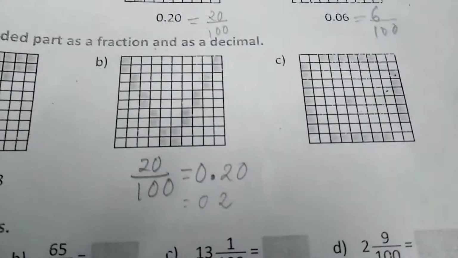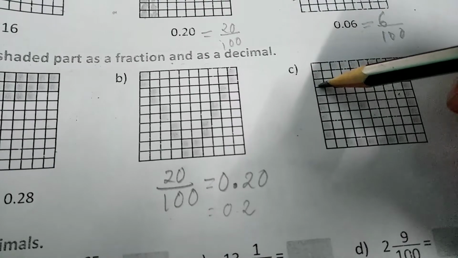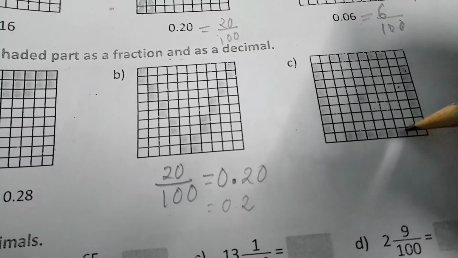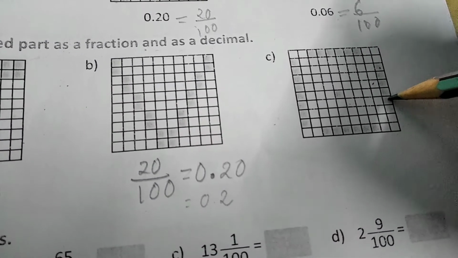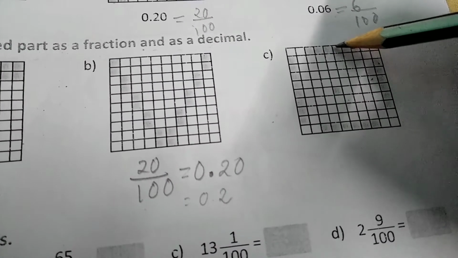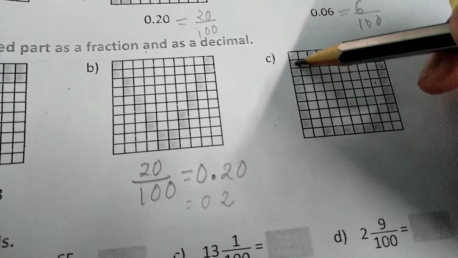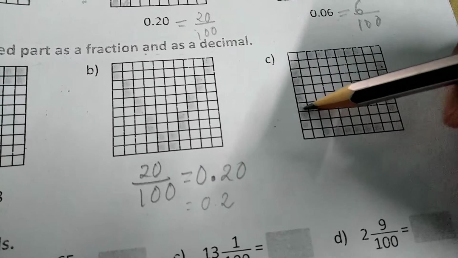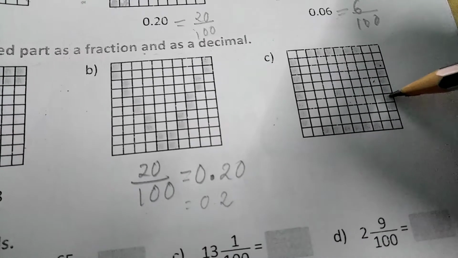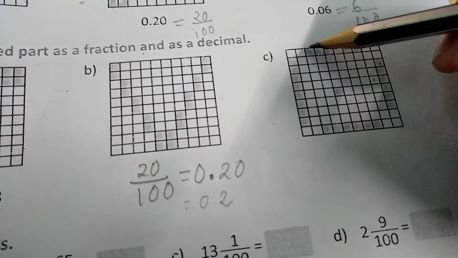Next, C. If you see, this one is there. How will you write it? 1 2 3 4 5 6 7 8 9 10 11 12 13 14 15 16 17 18 19 20 21 22 23 24 25 26 27.